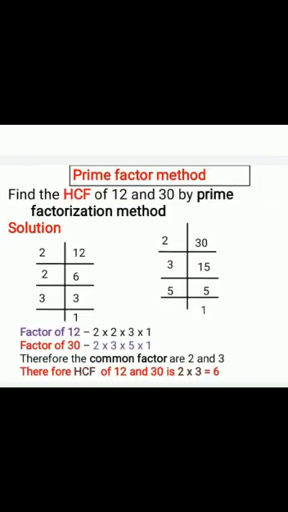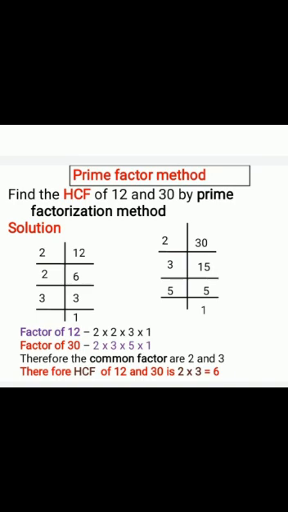Now, let's understand and learn how to find highest common factor or GCD, that is greatest common divisor, by prime factorization method. The first example, find the HCF of 12 and 30 by prime factorization method. You know how to factorize.